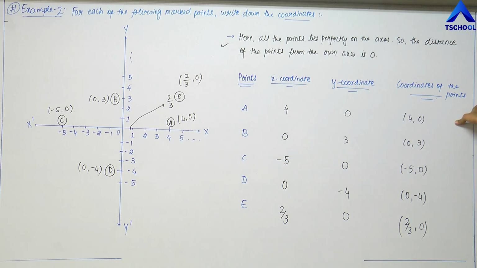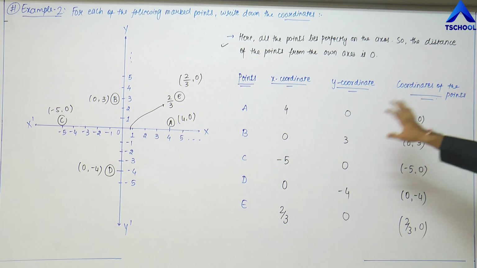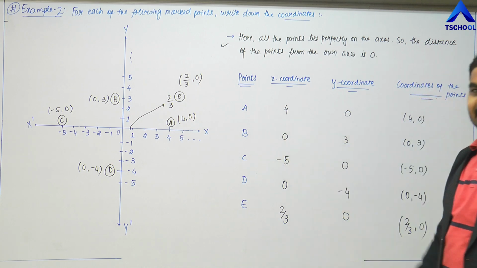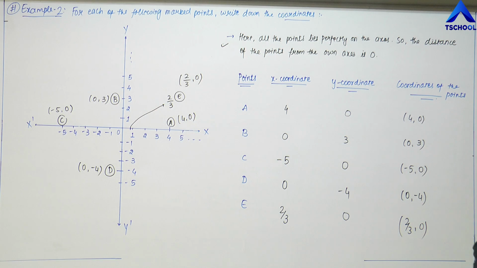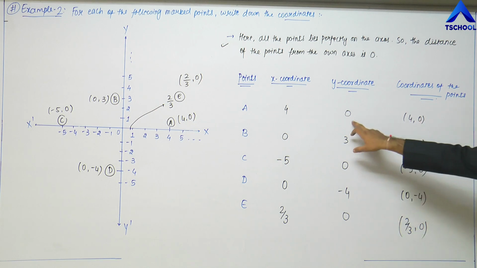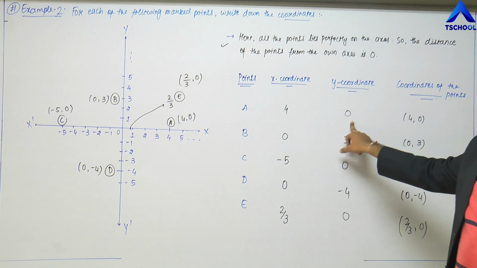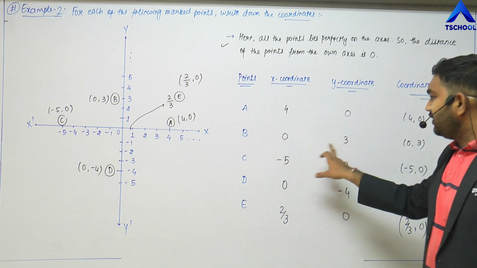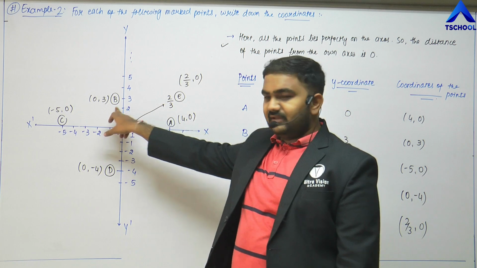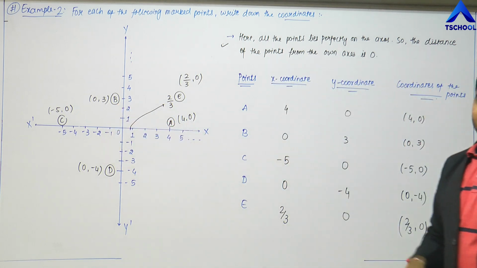Coming to the important conclusion here, if a point is lying on the x-axis, then the y coordinate of the point is 0. If a point is lying on the y-axis, then its x coordinate is 0.